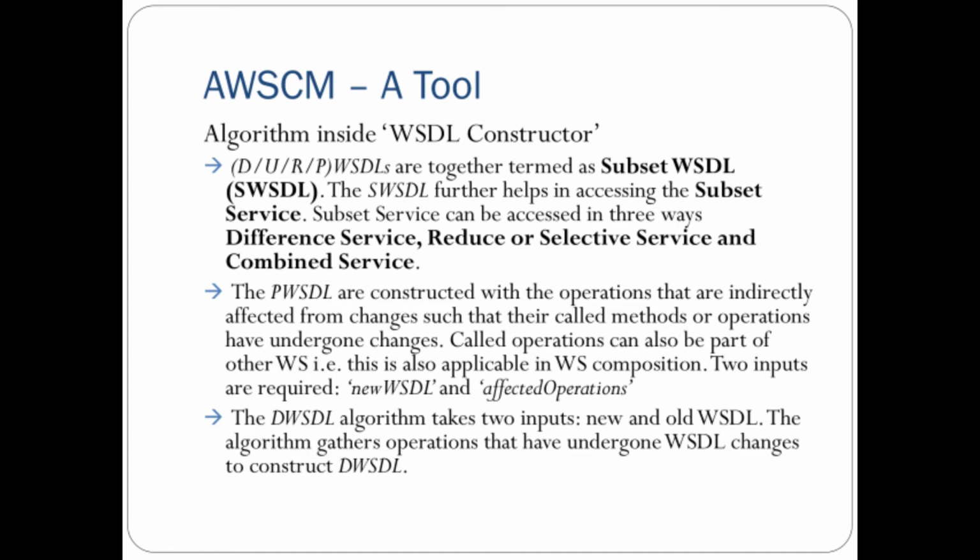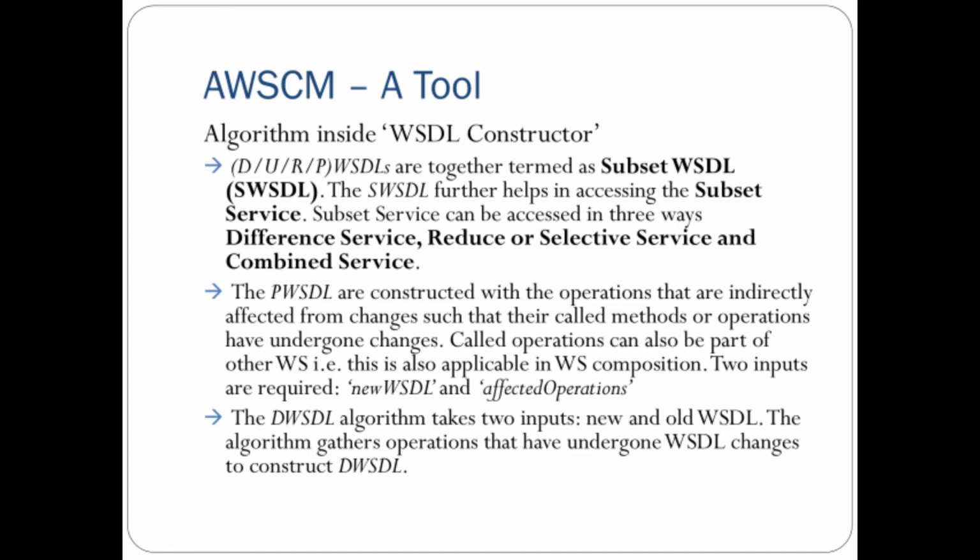This subset service can be accessed in three ways basically: difference service, reduced service, or combined service. A detailed explanation is given in another paper published at IEEE CloudCom 2014, named Subset WSDL for accessing subset service analysis.